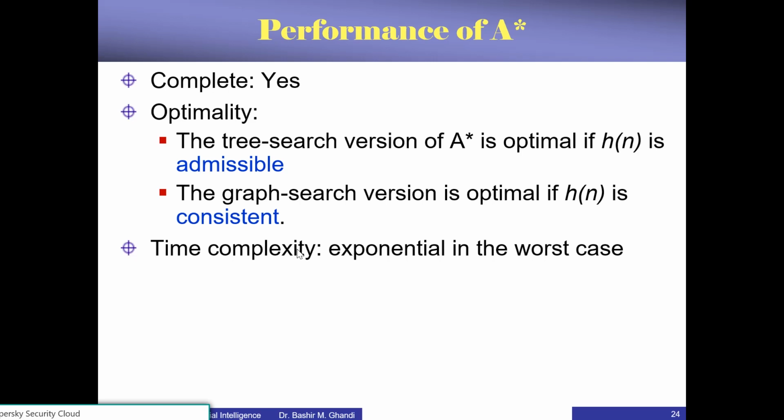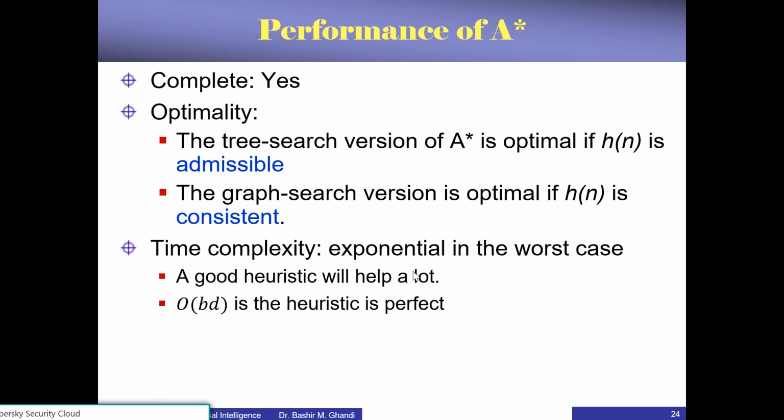In terms of complexity, the time complexity is exponential in the worst case, although a good heuristic function will try to make it better. A perfect heuristic function will actually give us b times d, although it's very difficult to get a perfect heuristic function. So usually we can say it's exponential.